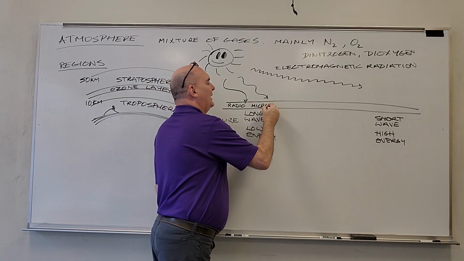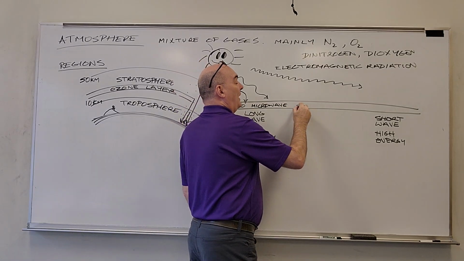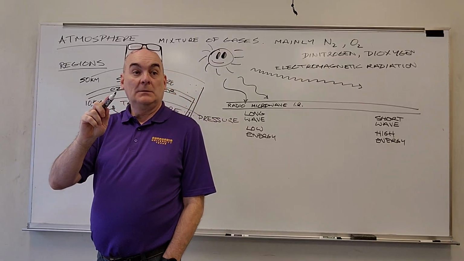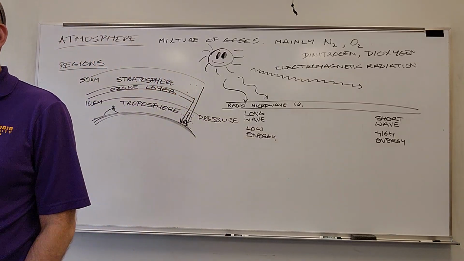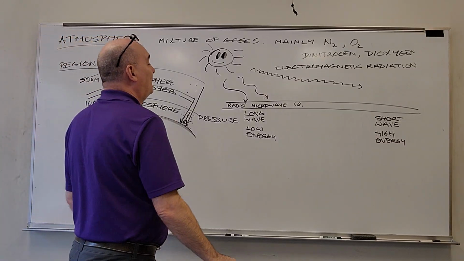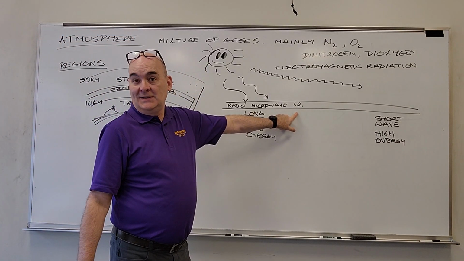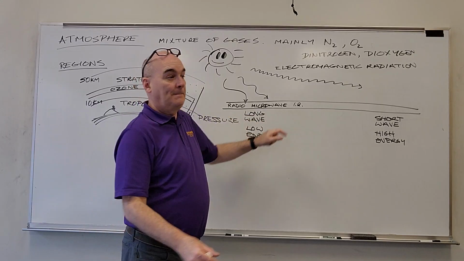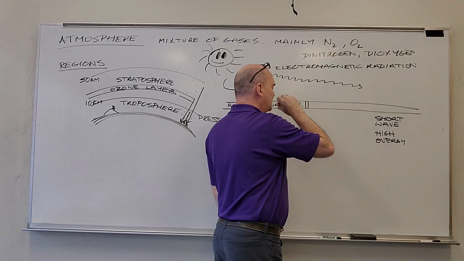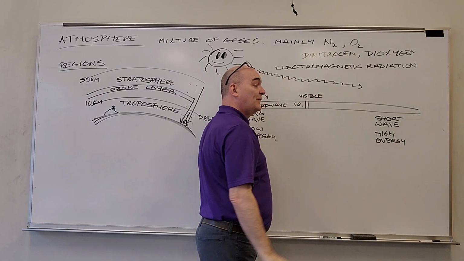Other things that we can listen for: microwaves, and then infrared. Infrared is the energy that we associate with heat. So when we feel the warmth of the sun, we're experiencing this. Then there is a very narrow band that is visible light.